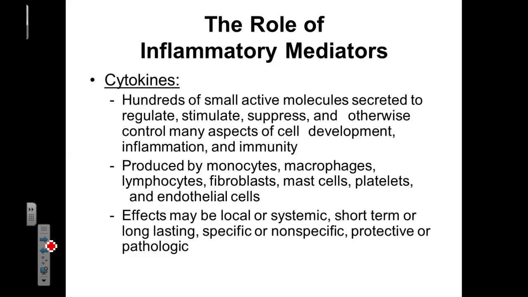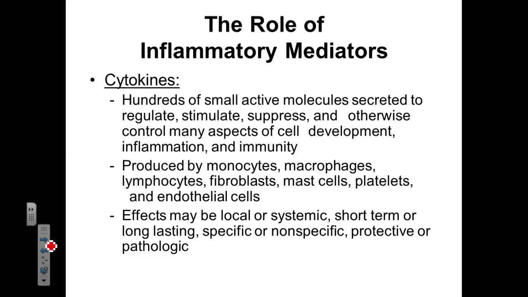One of the specific kinds of chemicals that mediates the inflammatory response is known as a cytokine. A cytokine is a generic class of chemicals that is going to regulate that inflammatory response and signal the chemotaxis of our phagocytes.